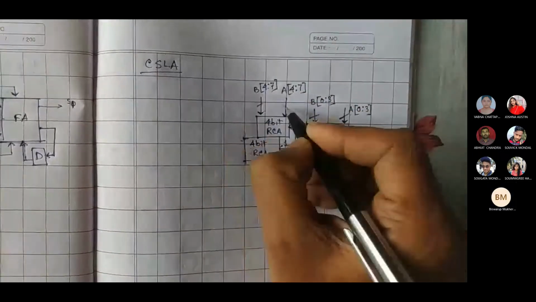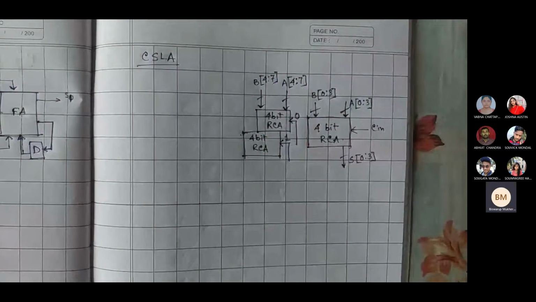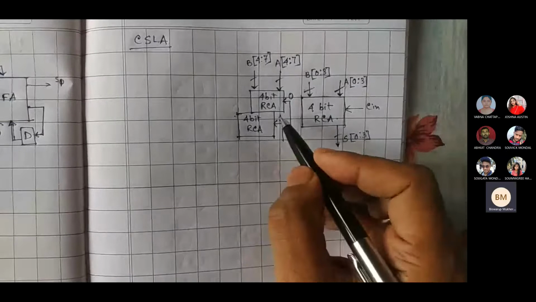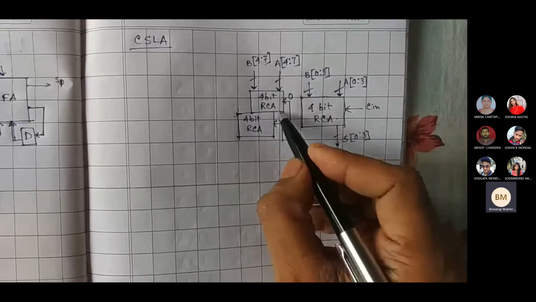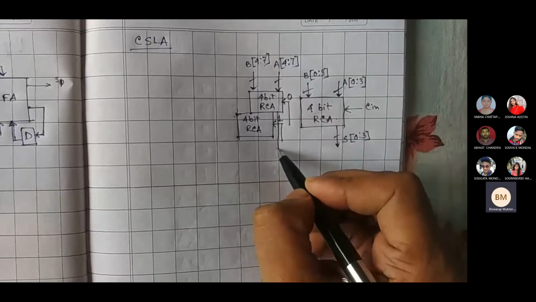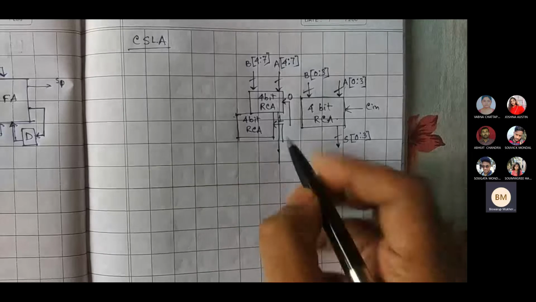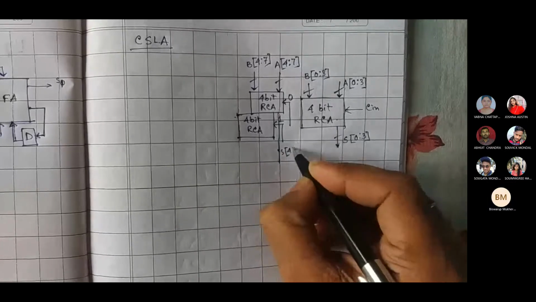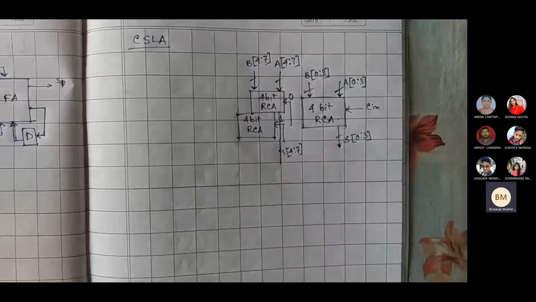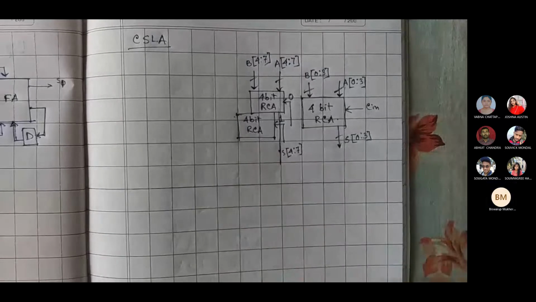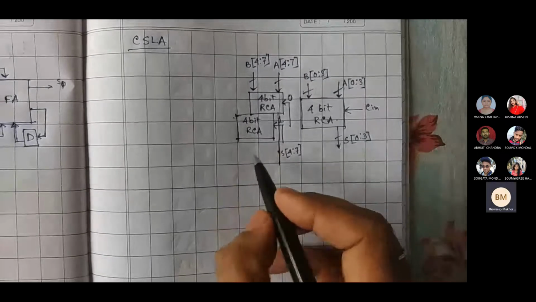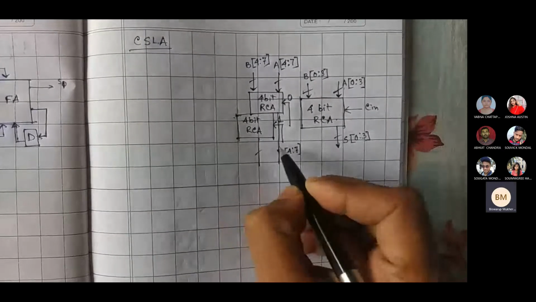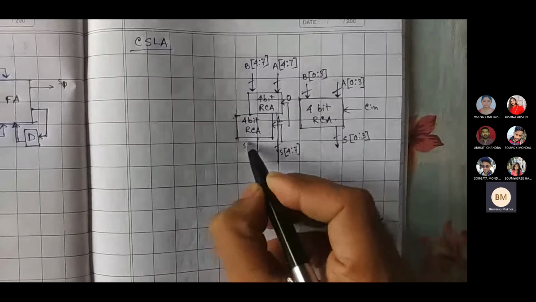Right. Now the scheme is something like this. This upper hand RC adder will be producing a sum of 4 to 7. And the second one, the lower hand side, will also be producing the same, 4 to 7.